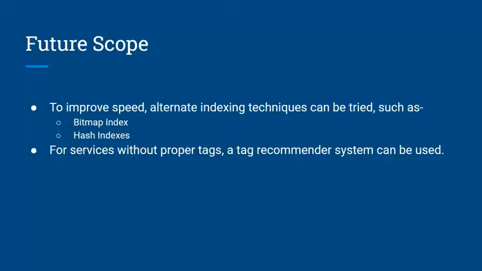There are also some services which do not have specific related keywords. So if a user enters a set of keywords to be searched, we could present to him a set of more related keywords which are actually present in the WSDL files for him to choose from, so that he can get a more relevant set of resulting APIs.